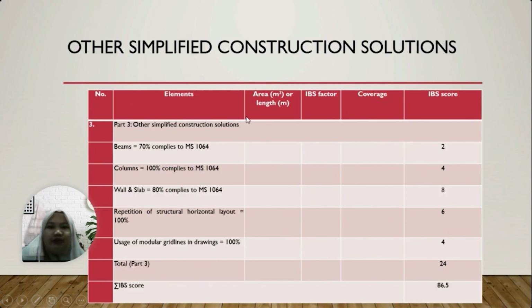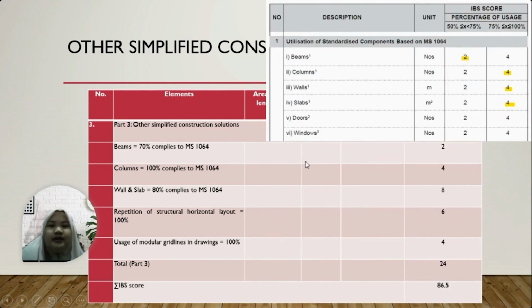Next, other simplified construction solutions. For the beams, we comply 70% with MS1064, so the score we get is 2. For columns, we comply 100%, with a score of 4.